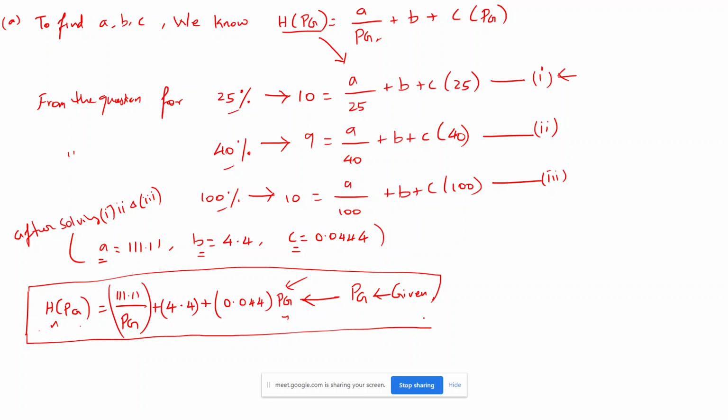The first part of the question A is done. And then, next I need to find out FPG. What is the equation of FPG? Tell me, someone. What is the equation for FPG?